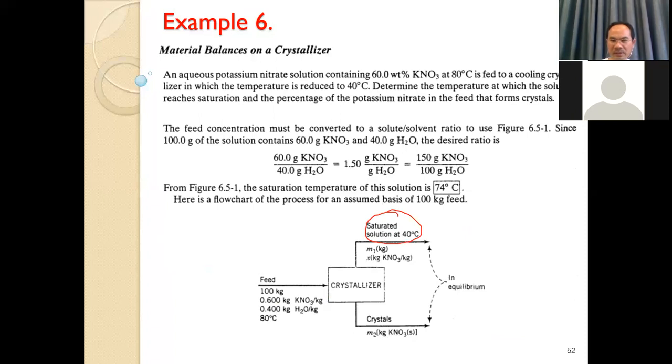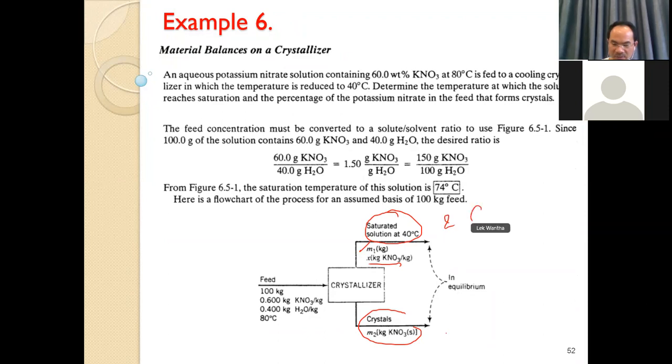M1 is the amount of saturated solution, and x is the fraction, or concentration, of potassium nitrate in the solution. M2 is only the crystal, which is only potassium nitrate, just one component.